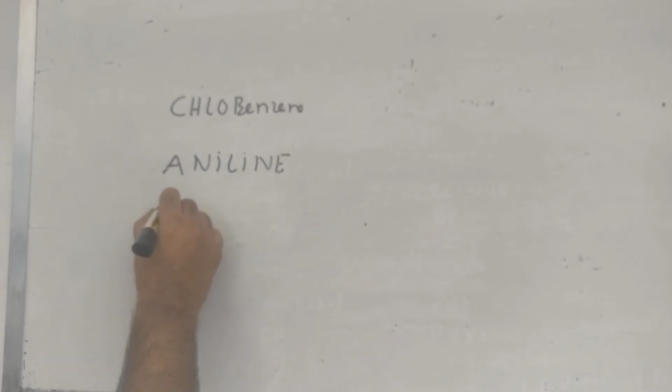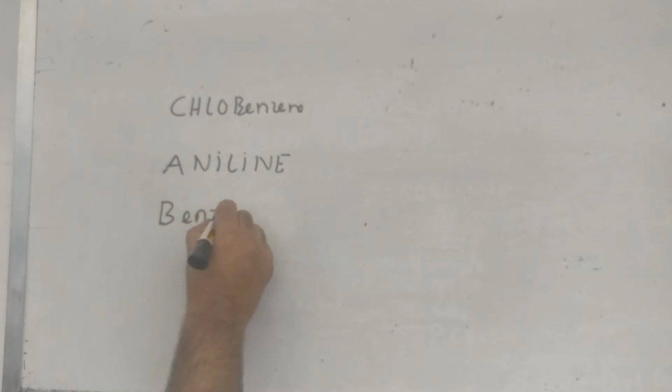Remember aniline, benzene with NH2. Benzene amine, the common name is aniline, and we'll also convert benzene into phenol. So these are the three compounds from which we are going to make phenol: chlorobenzene, aniline, and benzene.